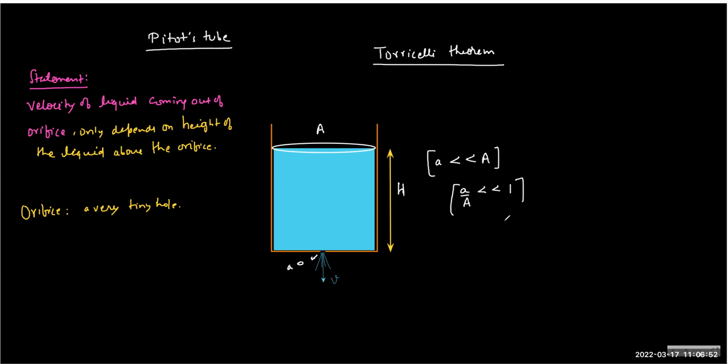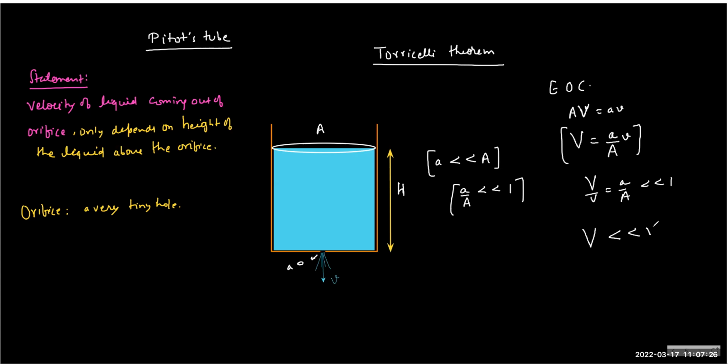Even if we try to write the equation of continuity, you can see that the velocity capital V will follow this relation, and because v by V is A by a, which is very, very small compared to 1, capital V will be very, very small compared to small v. So these are the approximations that we have to follow.